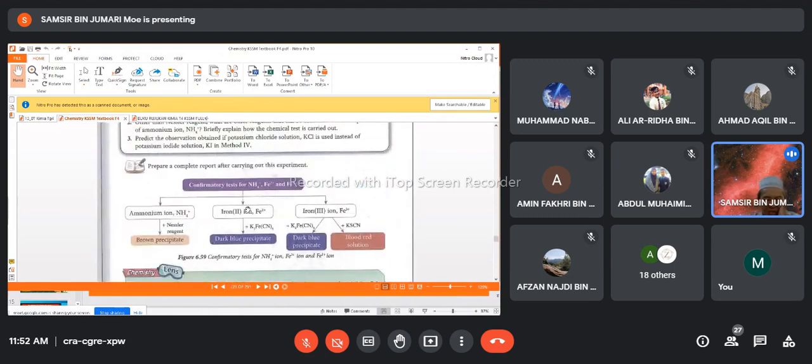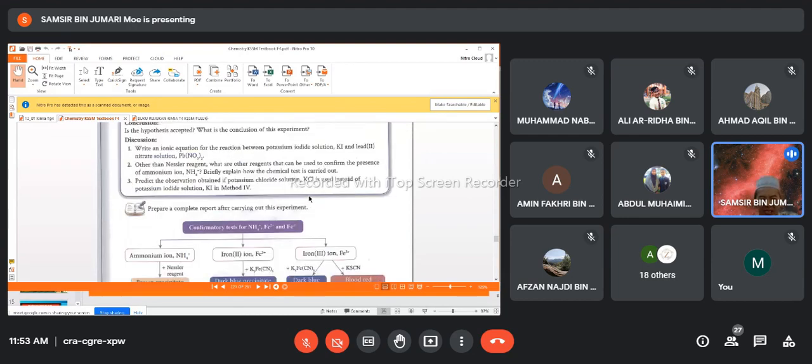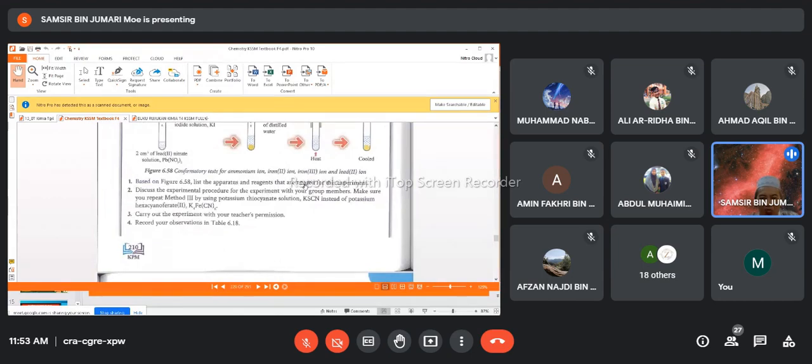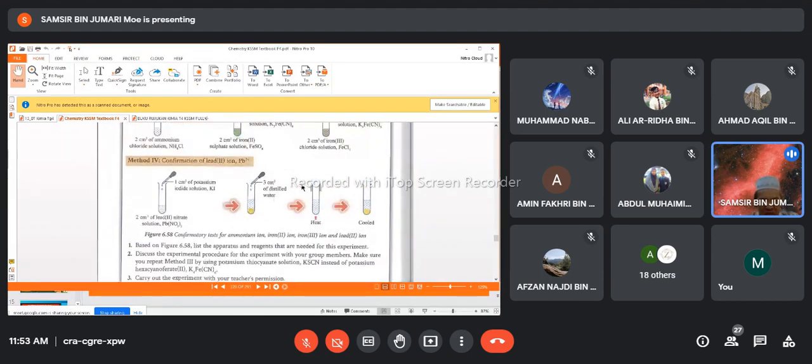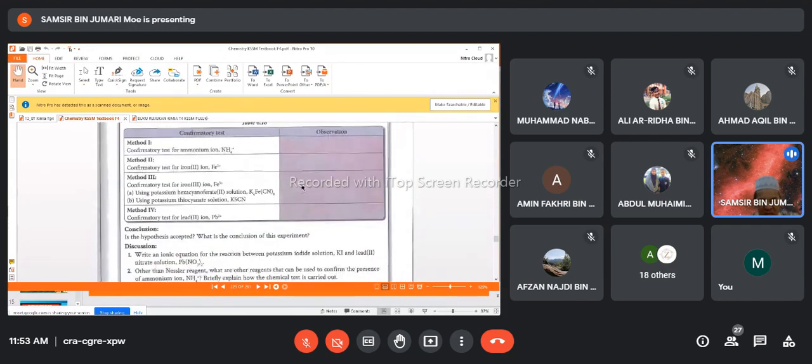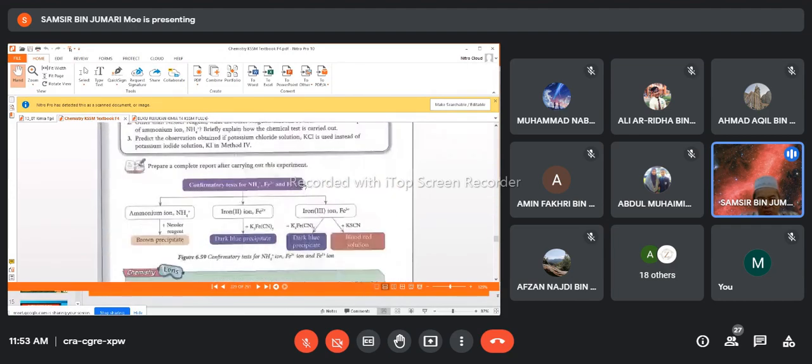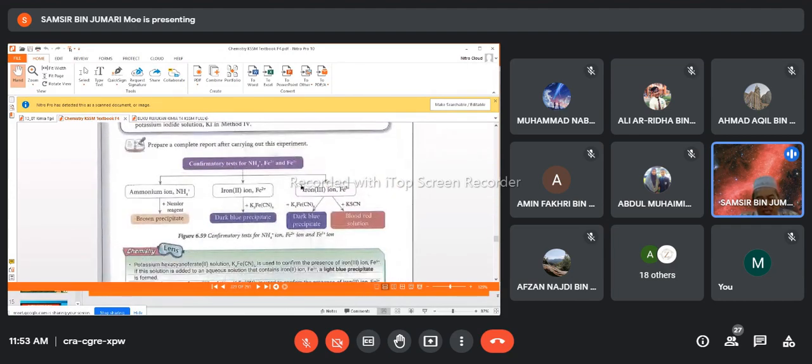Cuma ada lagi beberapa ujian khusus. There is a specific confirmatory test for ammonium ion, iron(II) ion and iron(III) ion. Selain daripada yang tadi tu, ujian sodium hydroxide solution, ujian yang gunakan ammonia aqueous solution, ada beberapa lagi ujian yang boleh digunakan secara spesifik untuk dia.